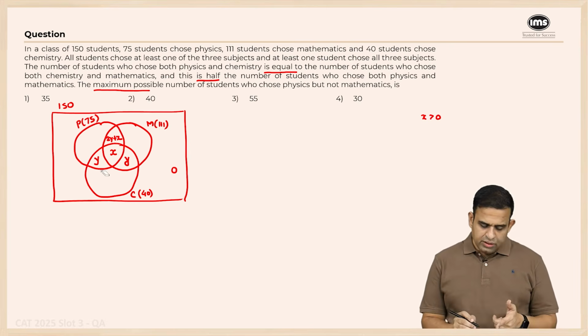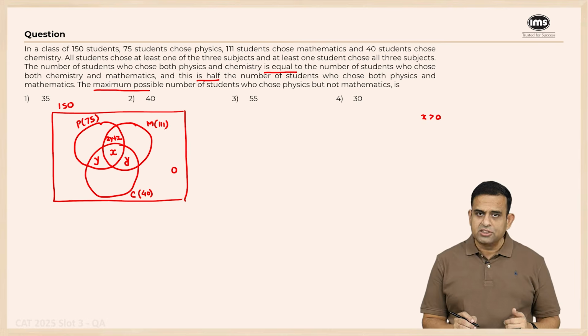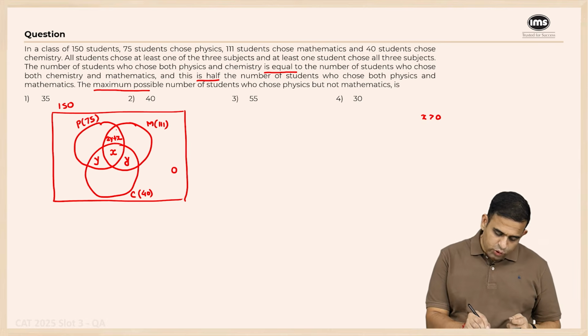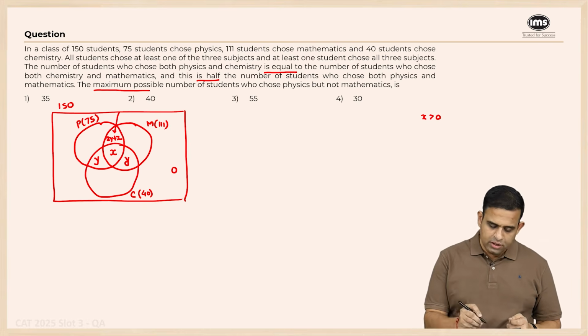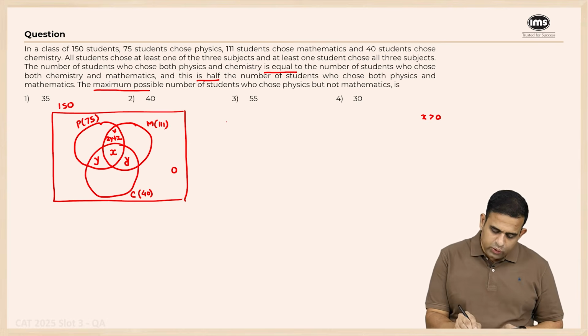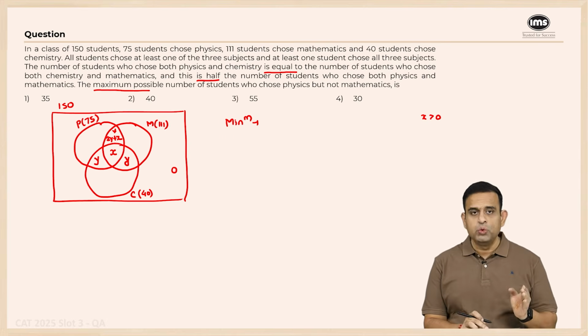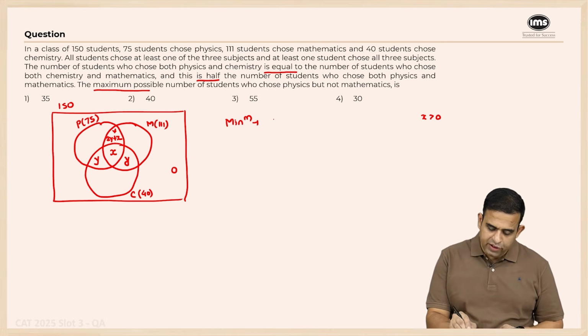So now, if you want to maximize this, it simply means I want to minimize this particular part, the term 2y plus x and x over here. So if I want to look at this particular question, it can be converted to: I want to minimize this term, which is 2y plus x, giving you 2 times x plus y.